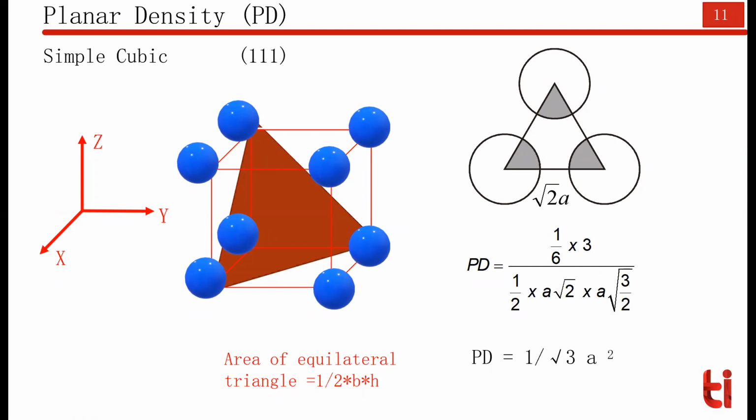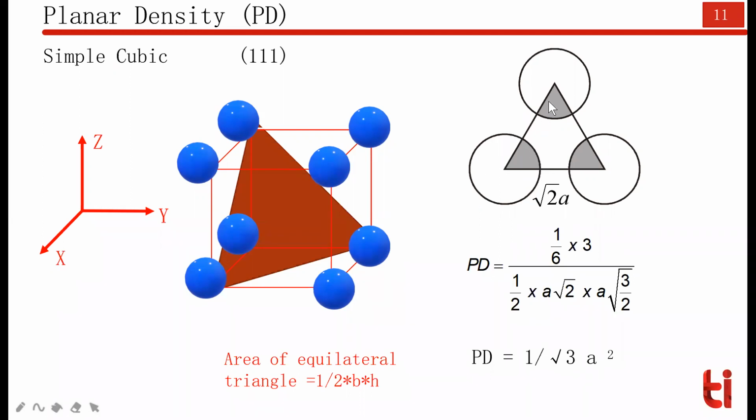You can easily see the 111 plane makes a triangle whose corners are where there is an atom sitting. If you look at the effective contribution of an atom to the plane, it is just one slice of the entire circular atom, and you can find that this one slice is actually 1/6 of the total atomic area.